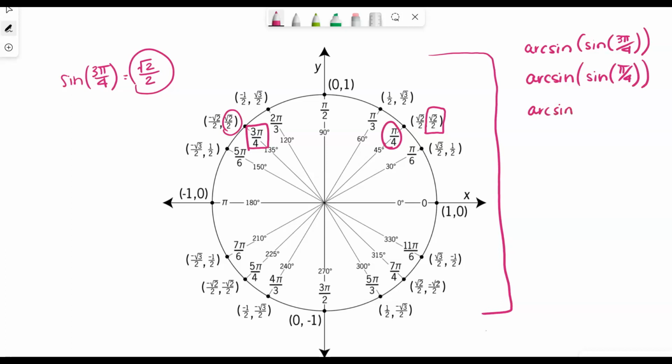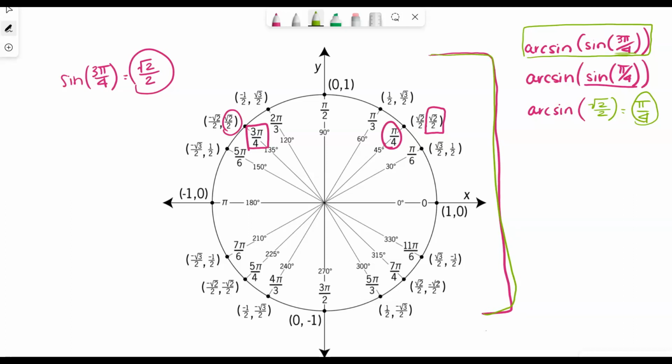If we want to see the steps happening, I would evaluate this first. When I evaluate sine of pi/4, that's going to give me √2/2. Now I'm looking, okay, what is arc sine of √2/2? This is going to give us pi/4. So this value, arc sine of sine of 3pi/4, is not going to give us 3pi/4. It's going to give us the same angle within this domain from -pi/2 to pi/2.